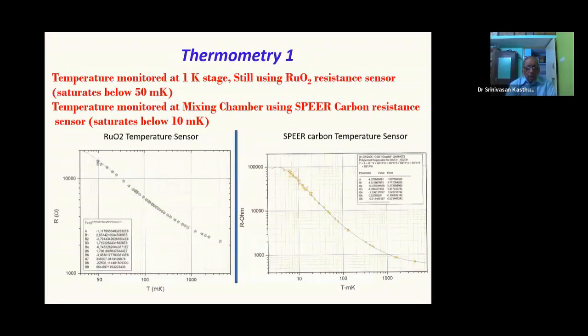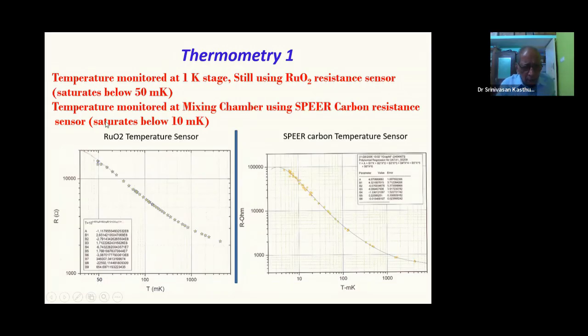Okay. Now let us try to find out about the ruthenium oxide type temperature sensor. Temperature is monitored at the 1 Kelvin stage still using ruthenium oxide temperature sensors, and the resistance value saturates below about 50 millikelvin. For example, there are 2 thermometers which are shown here, the resistance values of the ruthenium oxide sensor. The temperature is on the x-axis and the resistance on the y-axis.